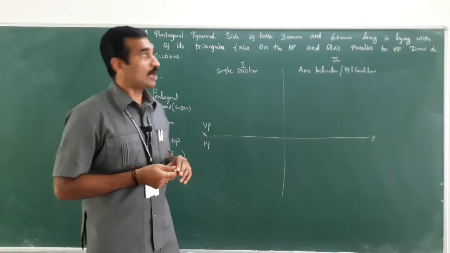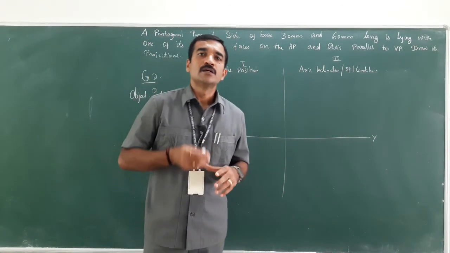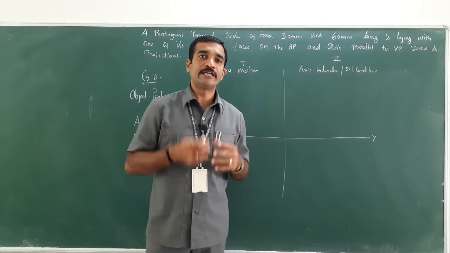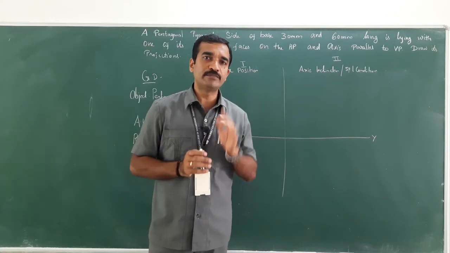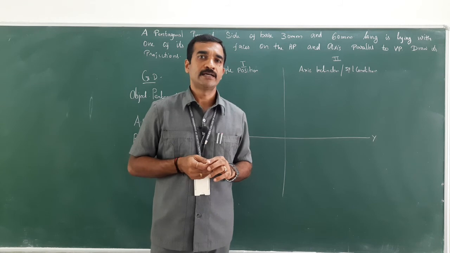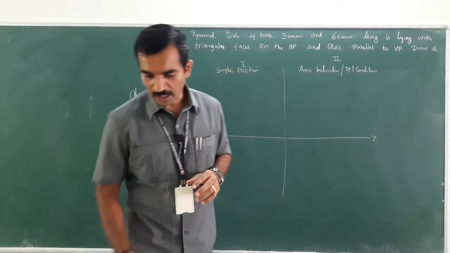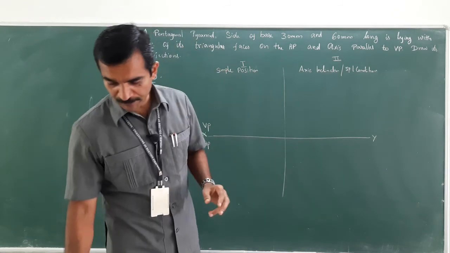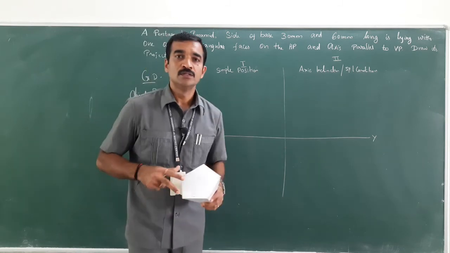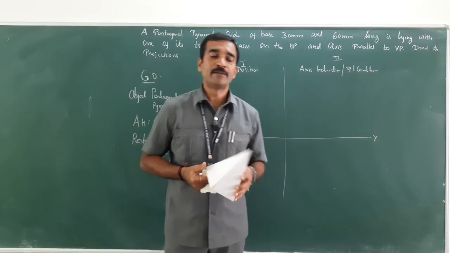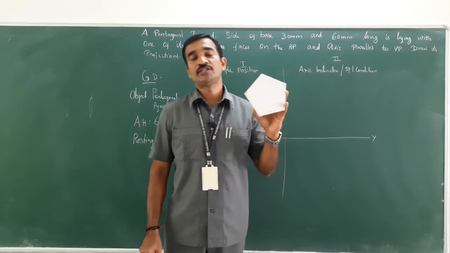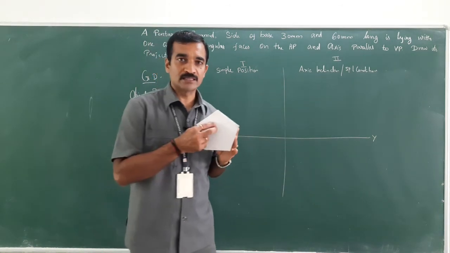So where to start the diagram? When the object is shown the true shape, where you could see the true shape, there you will have to start the diagram. So here the object is a pentagonal pyramid. How do you differentiate the pyramid? By the shape of the base, right.